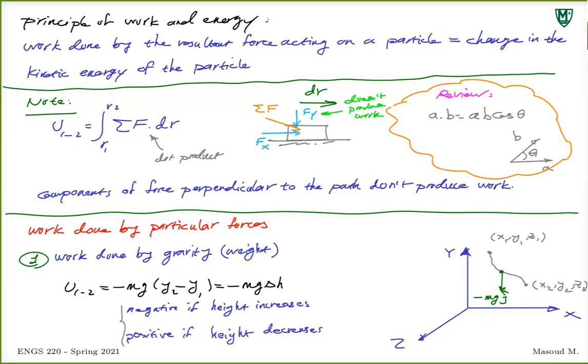We'll see in examples, I'll emphasize this, I'll come back to this and I'll show you what I'm talking about. But this is the work done by weight or gravity. Just pay attention to a negative in the back.